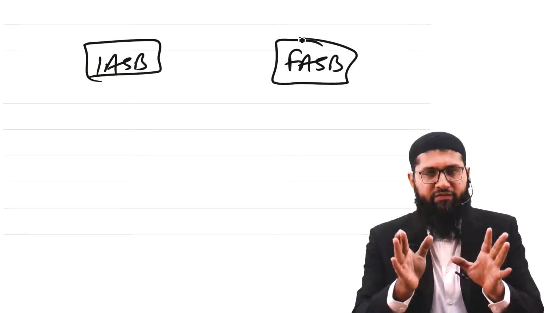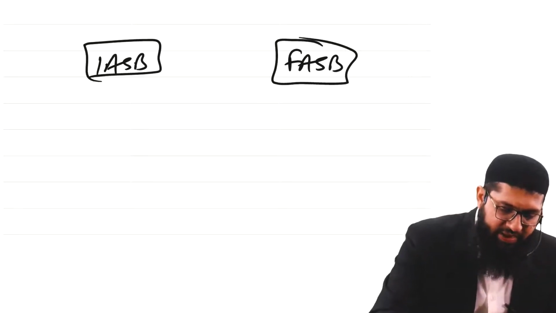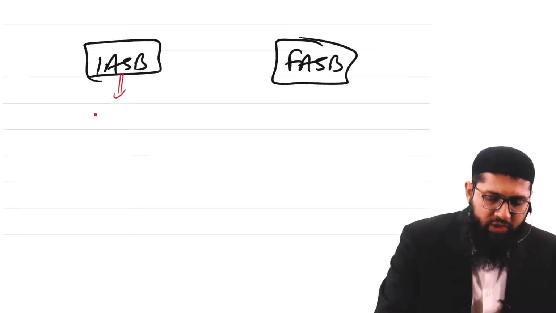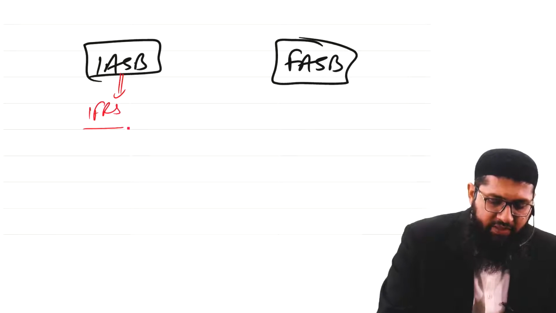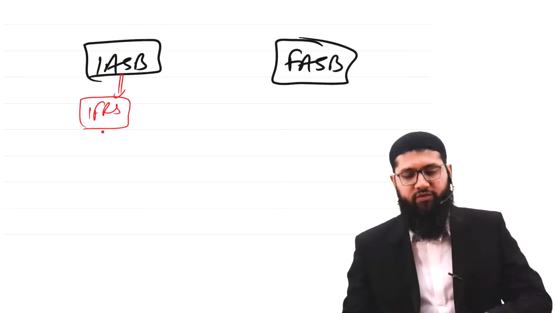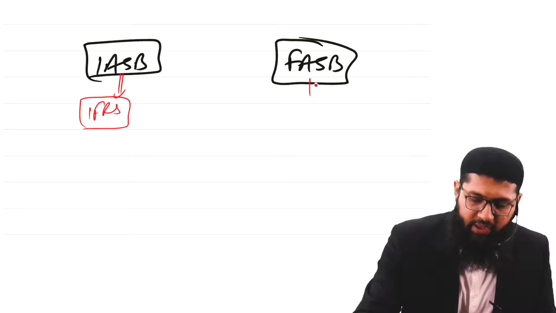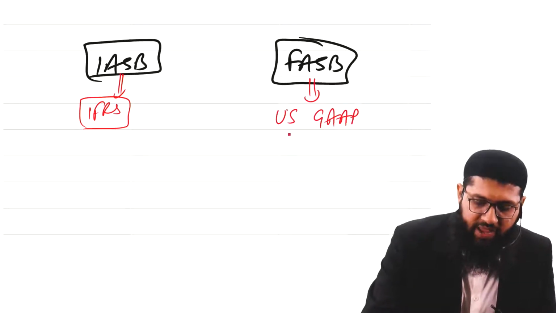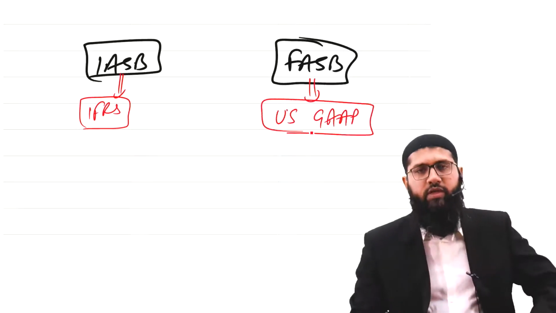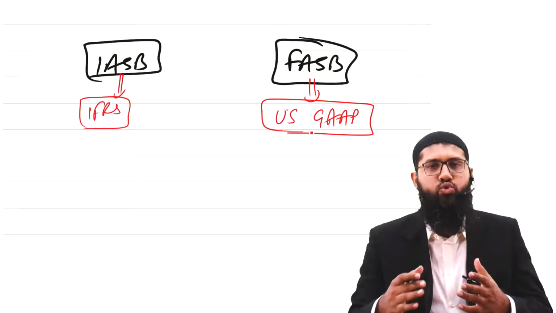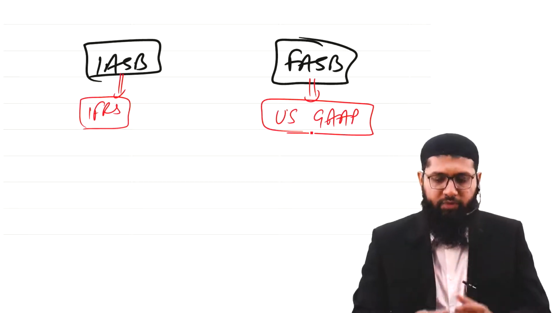Let me give you a brief idea. IASB is the International Accounting Standards Board, which is the body which sets IFRS. And the FASB is the body that sets the US Generally Accepted Accounting Principles. I repeat, FASB is one of those bodies that sets the US Generally Accepted Accounting Principles.